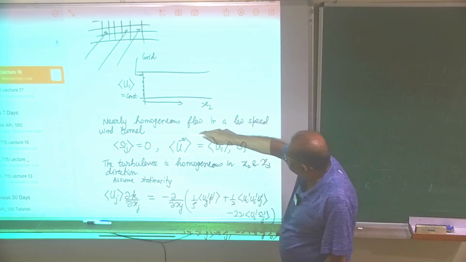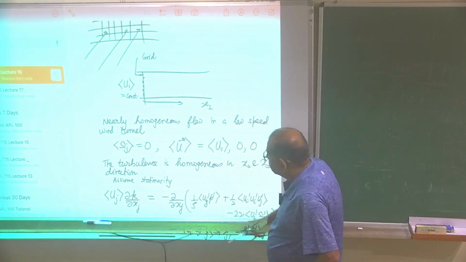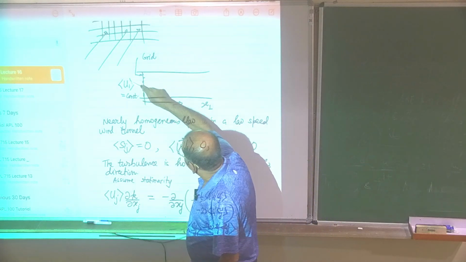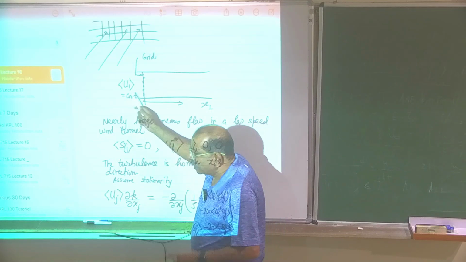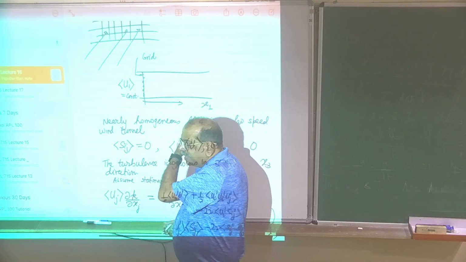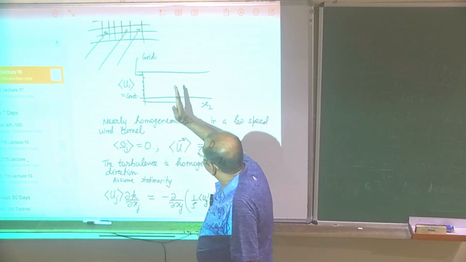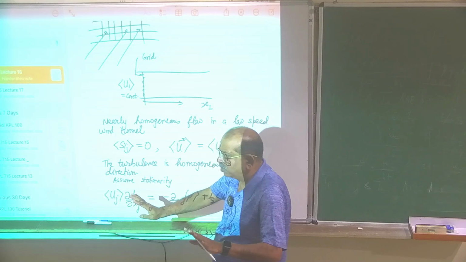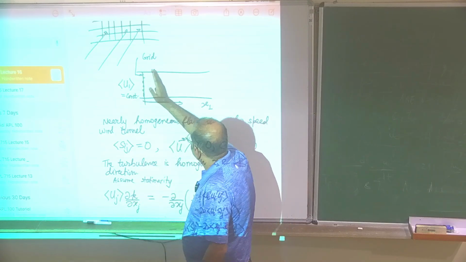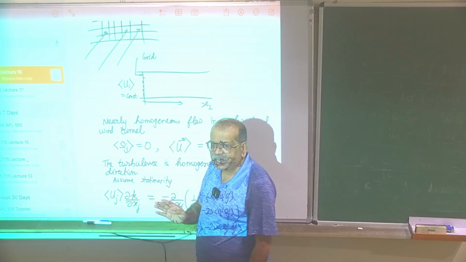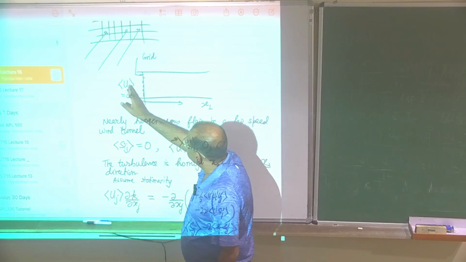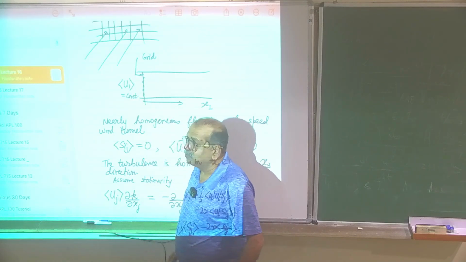Another thing which I discussed, we have this U1 and x1, and I will explain this again. One frame of reference is the ground frame of reference, where you see flow moving like this. Another frame of reference I could take where I move with the mean velocity.